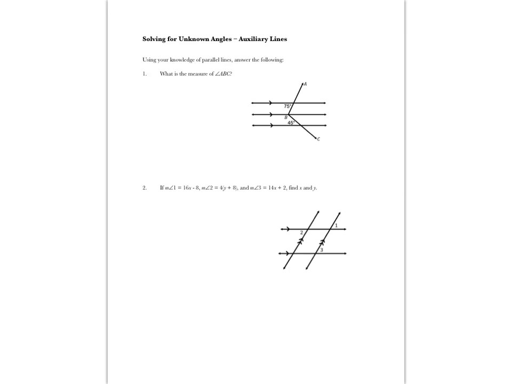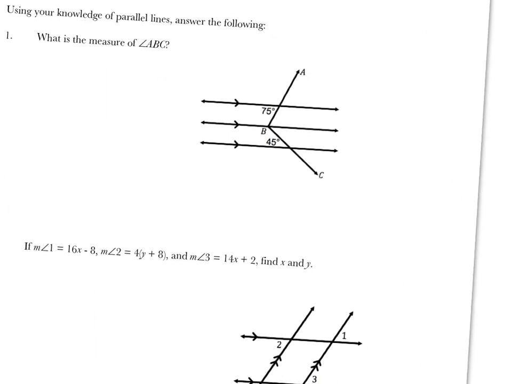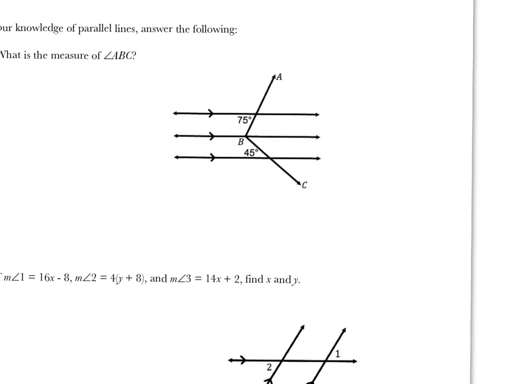So taking a look at number 1, we're looking for the measure of angle ABC, this big angle. I'm going to zoom in a little bit. Notice that you have some parallel lines, which really gives us quite a bit of information. If I know I have a 75-degree angle right here, I know this little guy down here is also 75. Those are alternate interior angles.